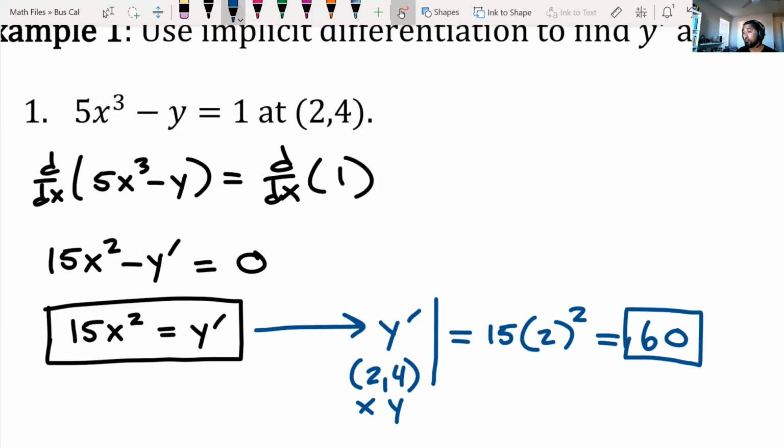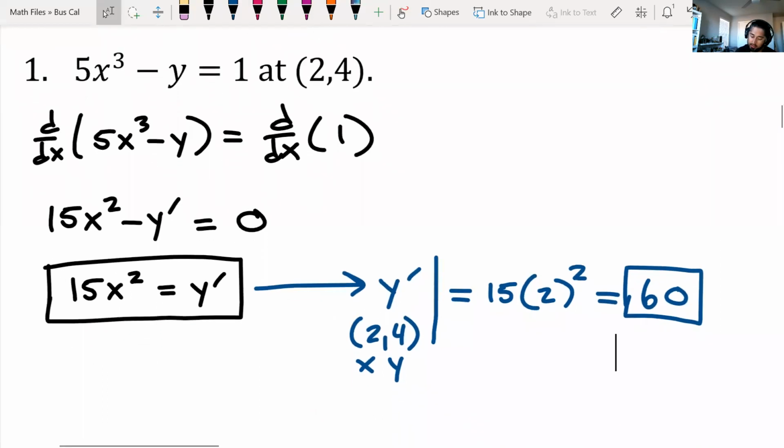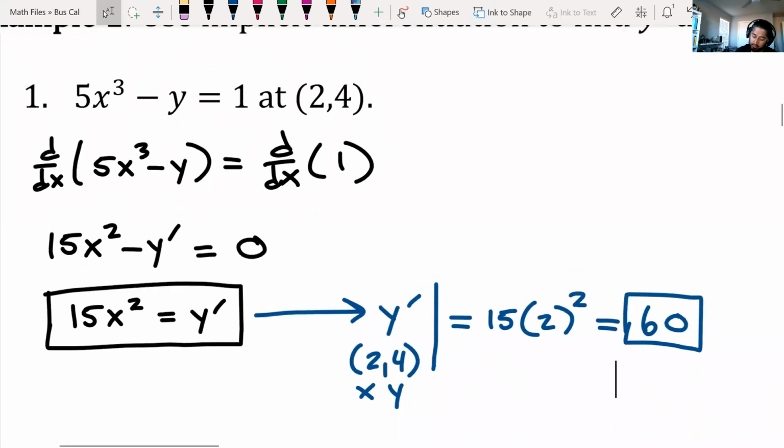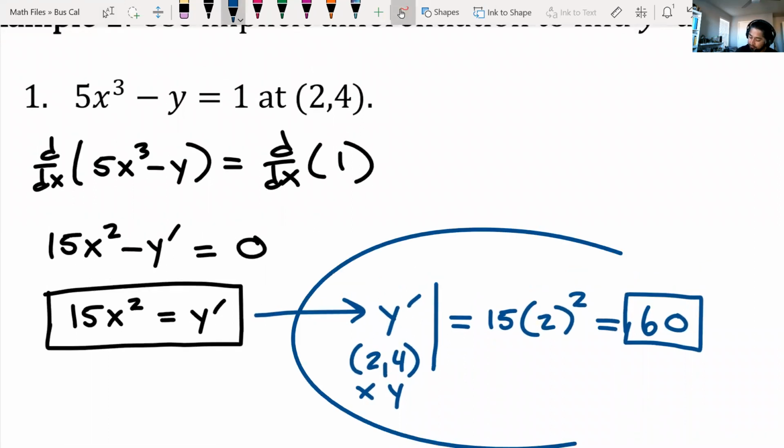And that's it. So any questions on that process? Quick question. Why don't we solve for y in that last one? Oh, for this part?